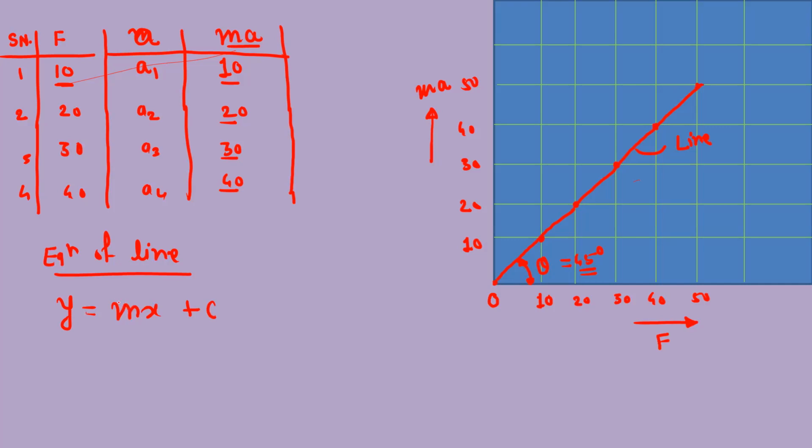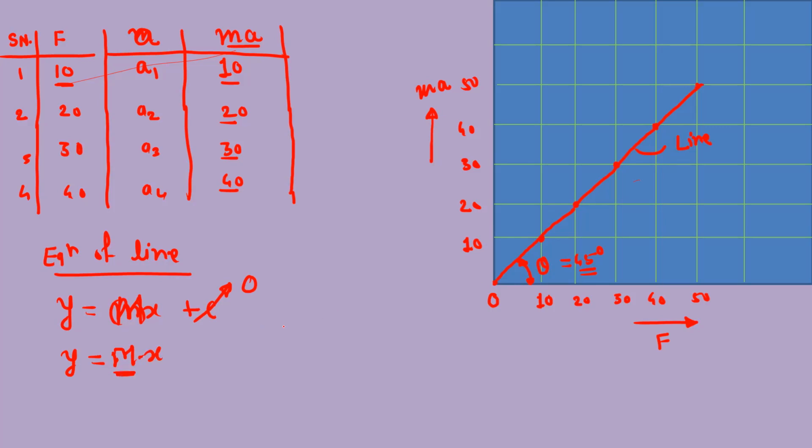Don't get confused between this m and this m; this is the mass, so I will take this capital M. m is the slope, into x, plus c. c is the y-intercept. Here this line passes exactly through the origin, so the y-intercept c is directly 0. So your equation will be y equals slope into x.